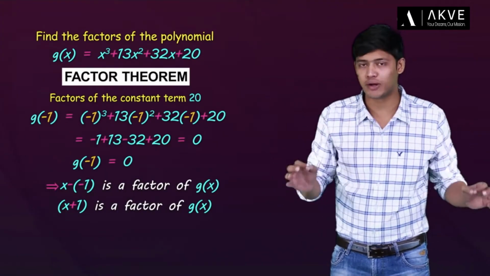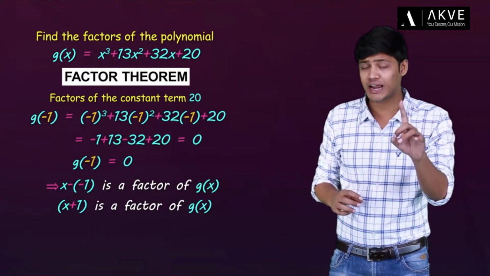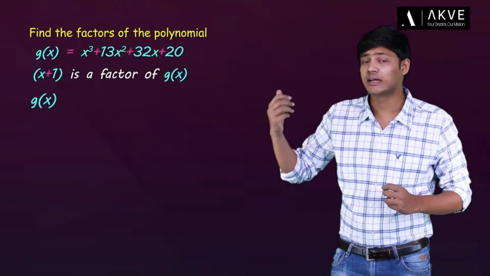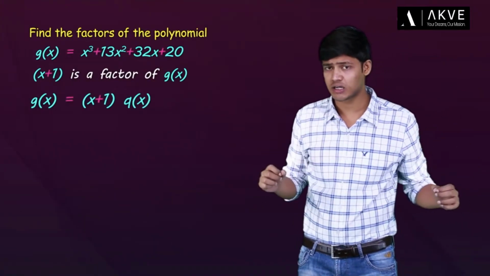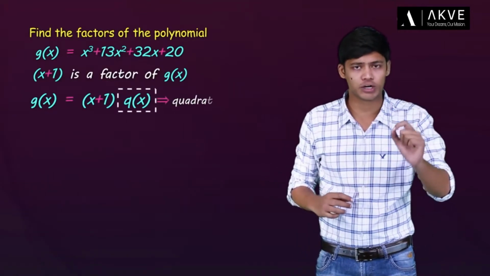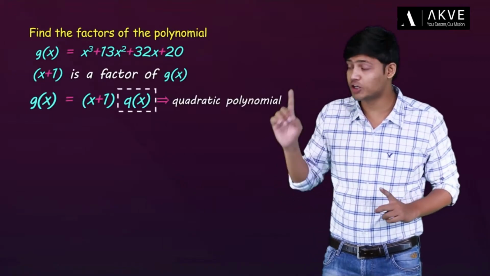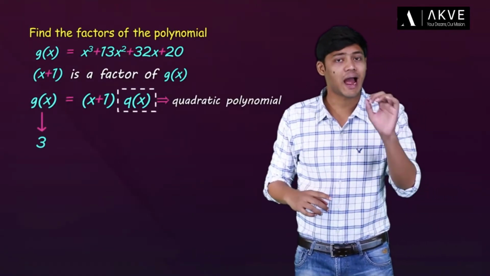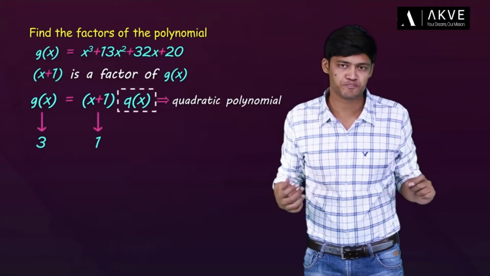Since x plus 1 is a factor of the polynomial g of x, we can write g of x equals x plus 1 multiplied by q of x, where q of x is a quadratic polynomial, since the degree of g of x is 3 and the degree of x plus 1 is 1.